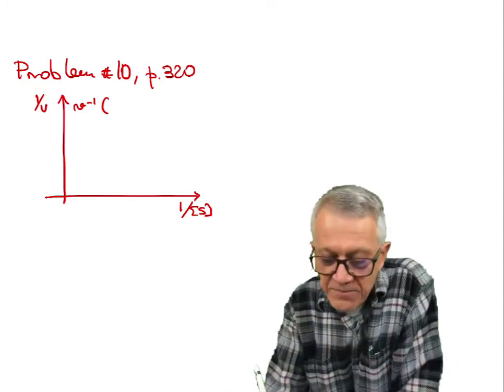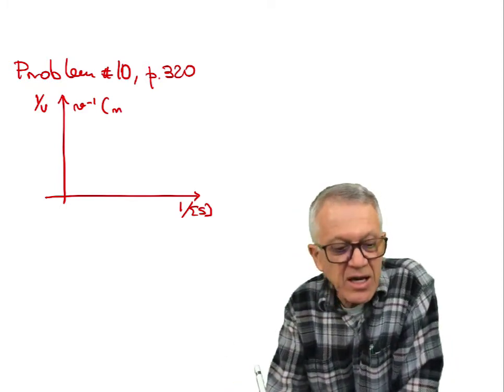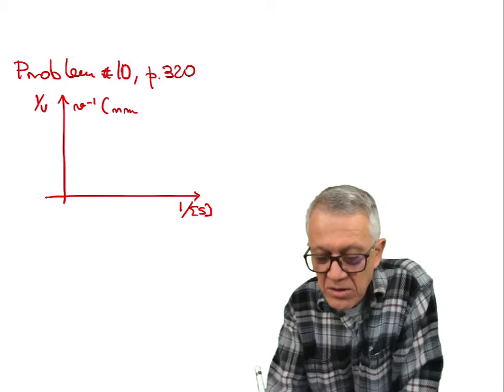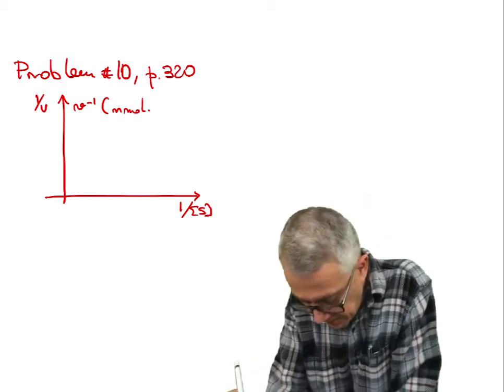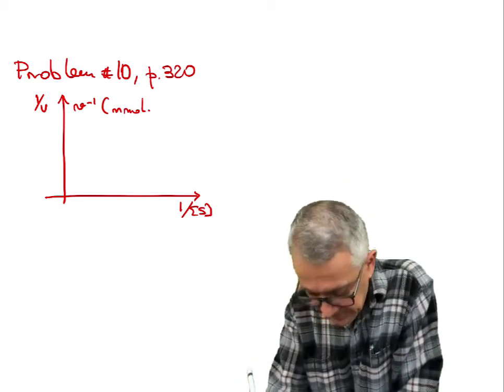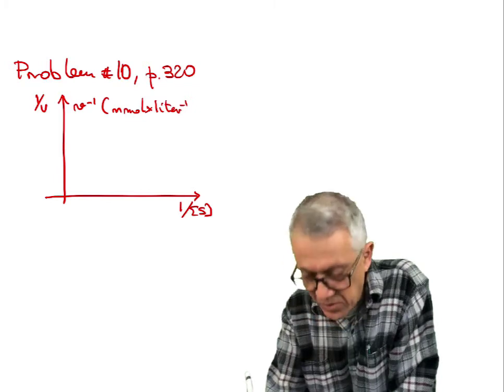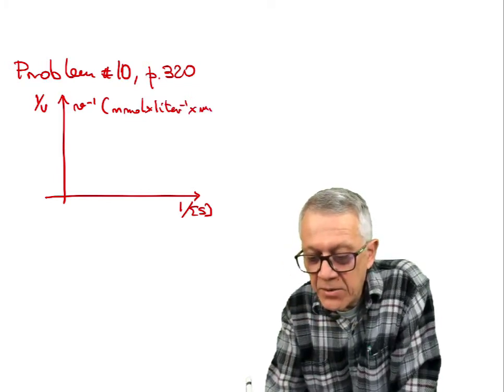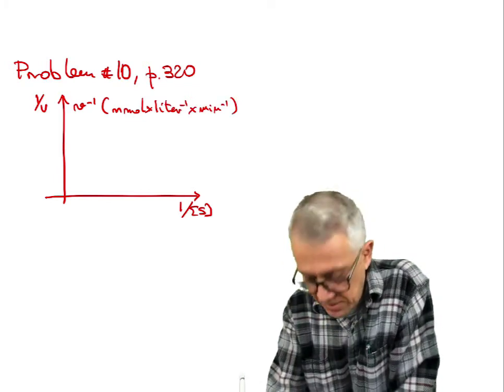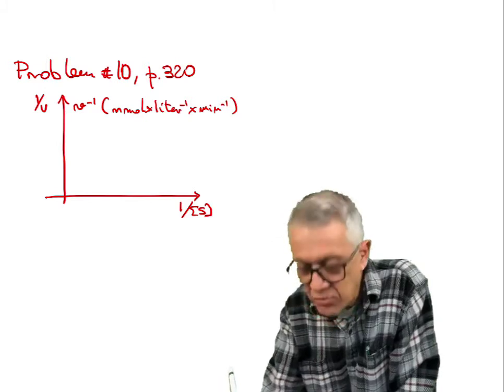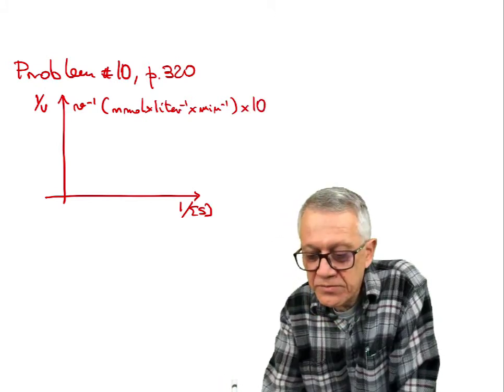So basically, nanomole per liter per minute. Liter minus 1. I'm going to write exactly the way that he's writing this time. Minute minus 1, and multiplied by 10 to the power of positive 2.